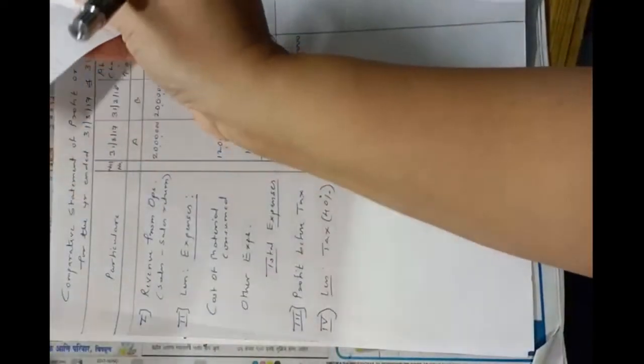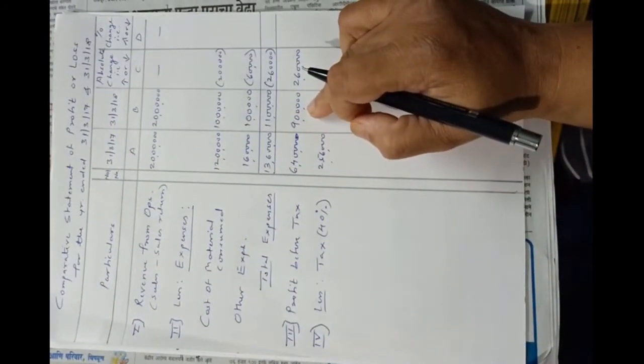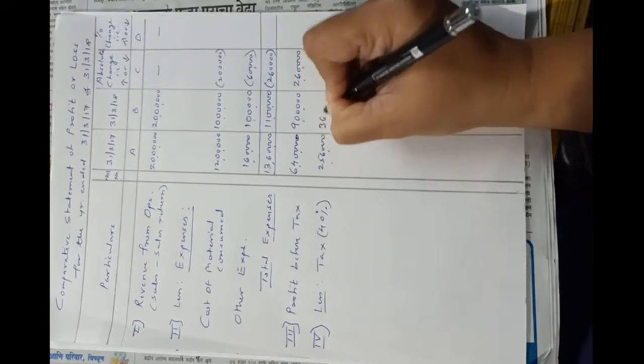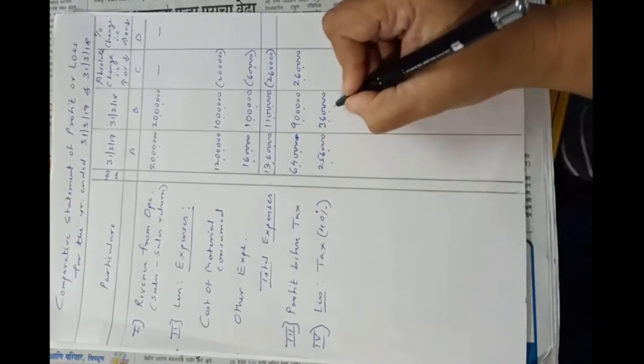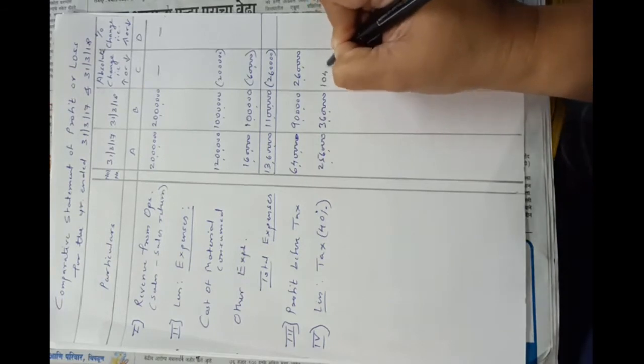Okay, 2,56,000, and now 40% of 9 lakhs, which is easy. It is 3,60,000, and there is an increase in tax by rupees 1,04,000.